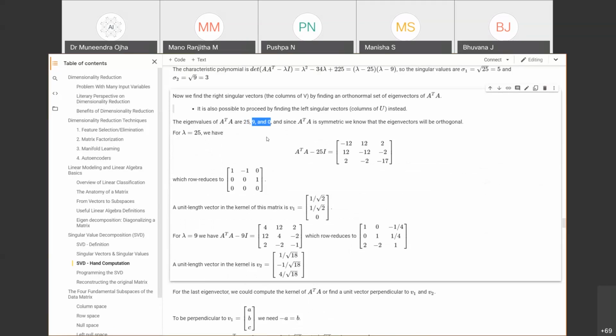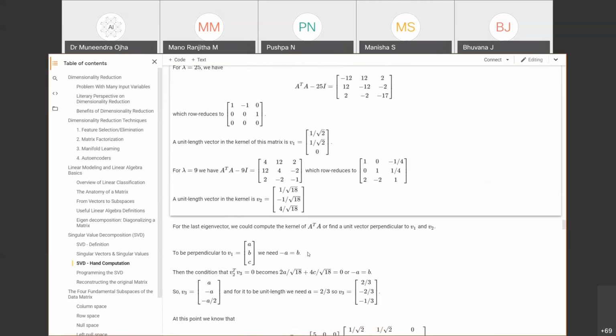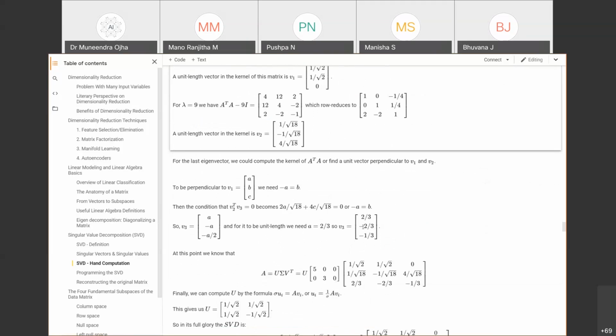So it will have three eigenvectors. That is why we performed this computation, so that we get the third eigenvector. And the third eigenvector for us is 2 by 3, minus 2 by 3, and 1 by 3.